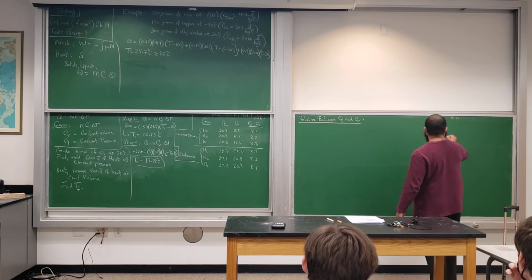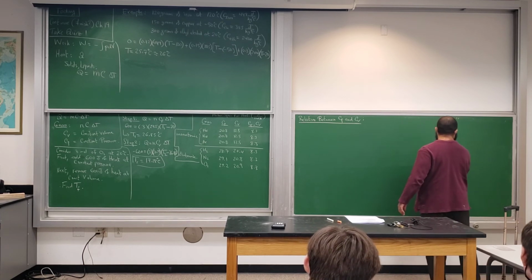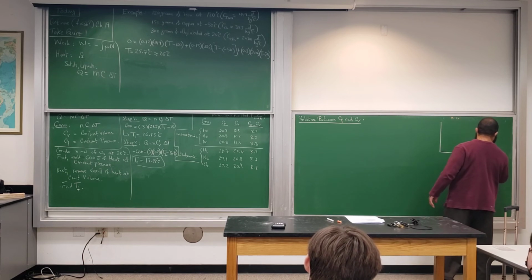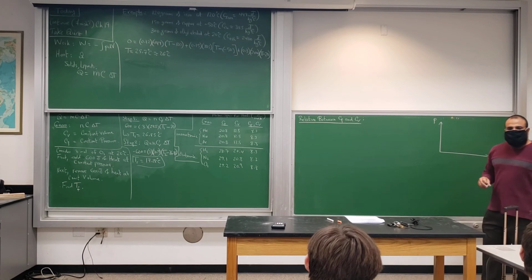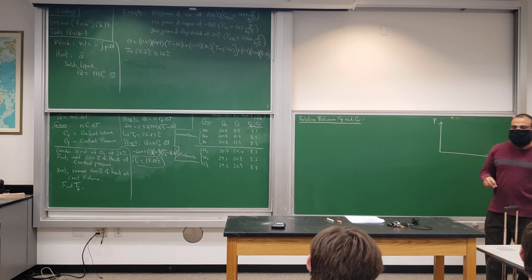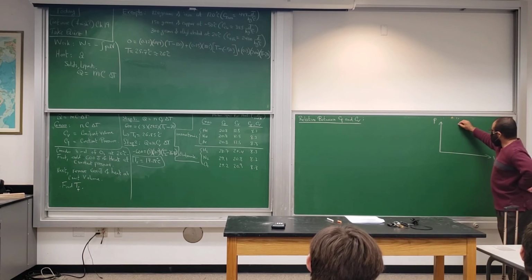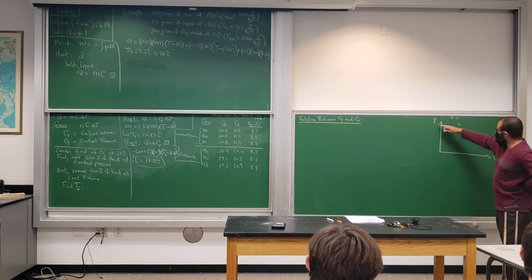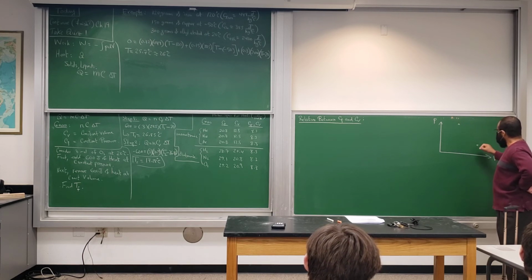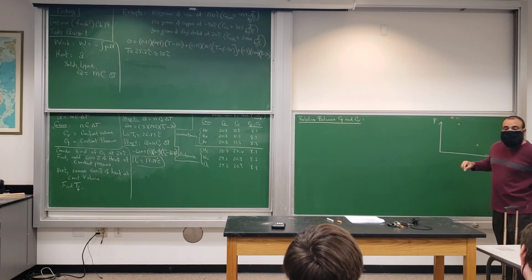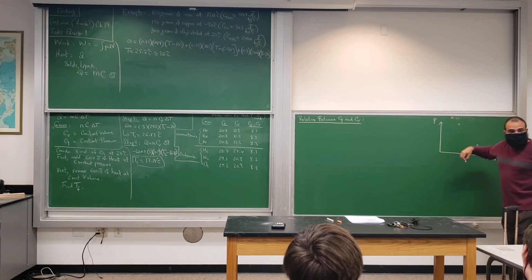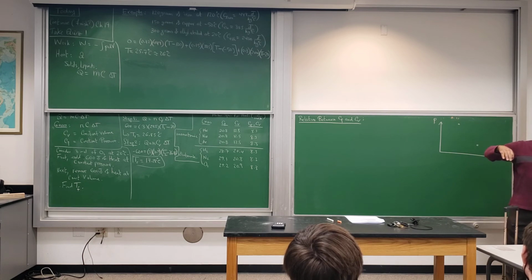So here is the PV diagram. Here's P. An isothermal process, how does it look like? So let's say I have a gas at this temperature, at this volume and pressure, and I take it to this one. How do they connect with each other as an isothermal? Curve? It's a curve, yeah. It's 1 over V, an inverse.